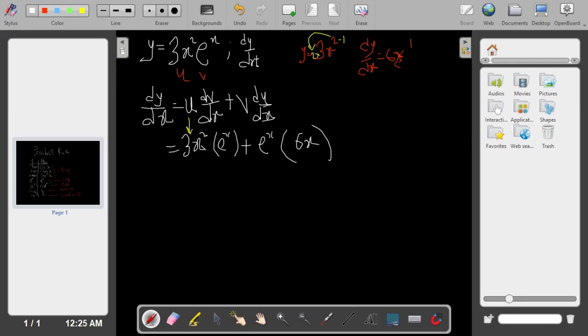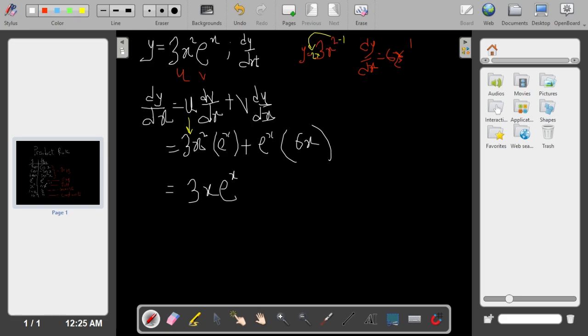So look closely. You have to extract what seems to be common in this answer. So e^x is common, 3 is common, and x is common. That makes it very simple. So that means you have 3, x is common, then e^x is also common.